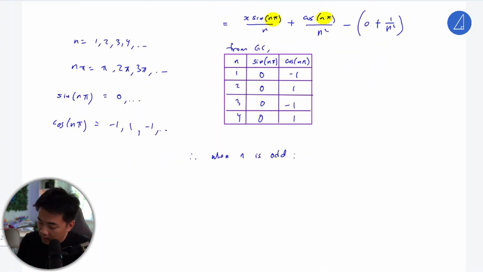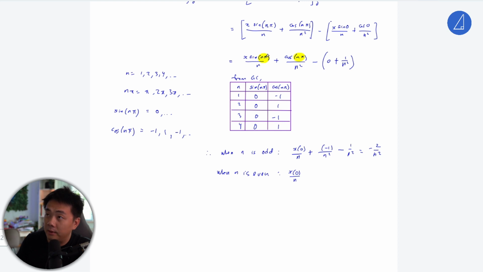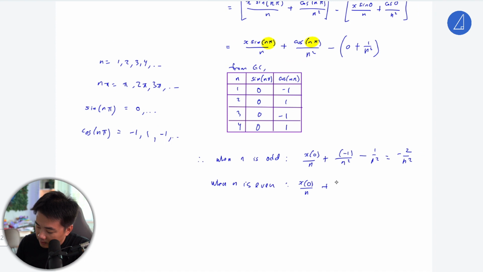So when n is odd, we have 0 over n plus -1 over n squared minus 1 over n squared. This will yield -2 over n squared. When n is even, sine is still 0, but cosine of an even multiple will just be +1, so 1 over n squared, then minus 1 over n squared.